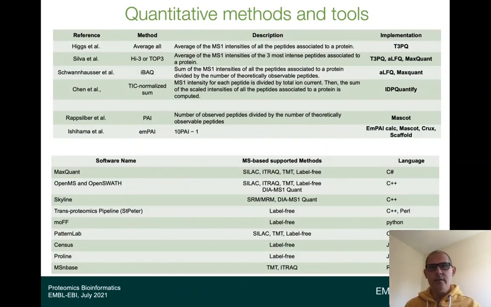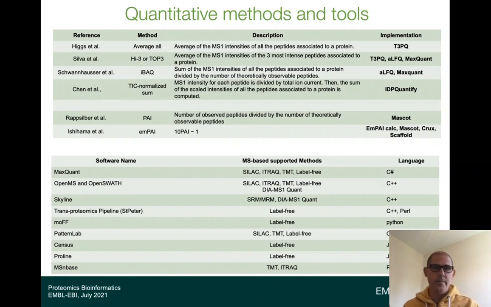There are multiple tools that you can use to perform label-free data analysis. The more popular ones are, for example, LFQ and MPy. In these slides I will mention only the free tools, because there are other tools, which I will mention in the next one, that are proprietary and that you really need to pay for.